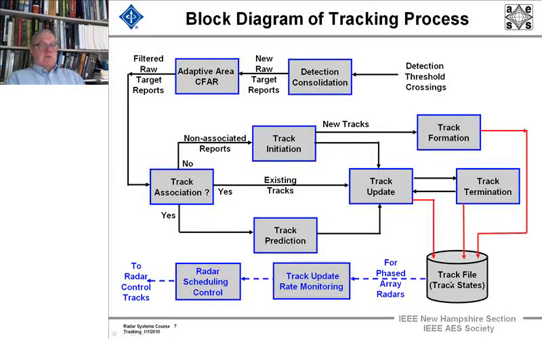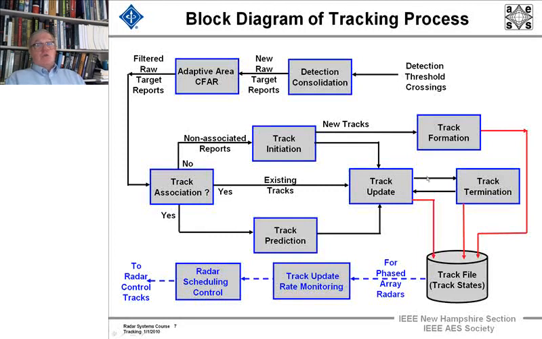A lot of mathematics in this. Now, once you have this state vector in the track file, I'm going to talk about how this is altered by phased array radars at the end. But you can see that once you've done the association, if we associate, we update the track files.